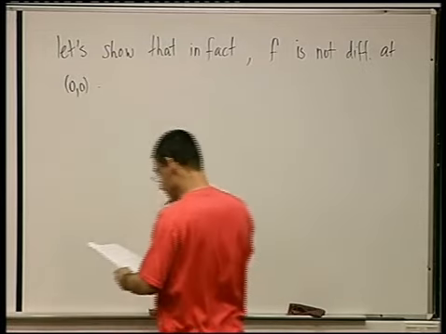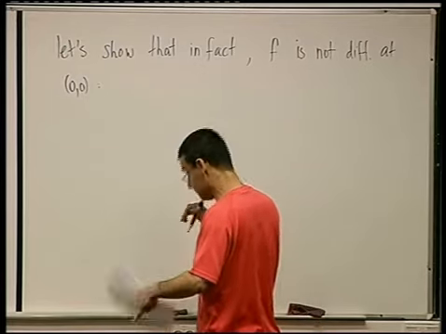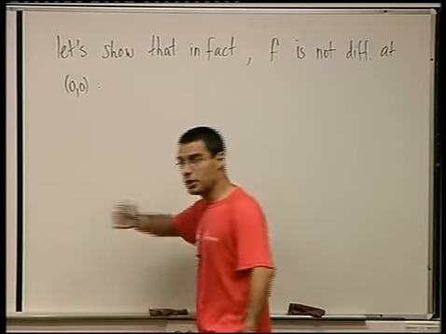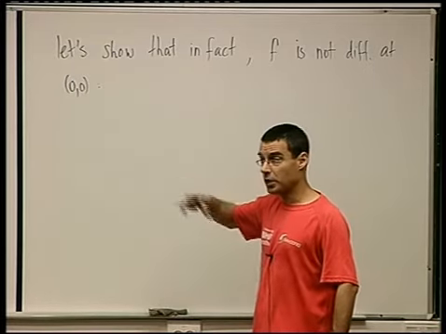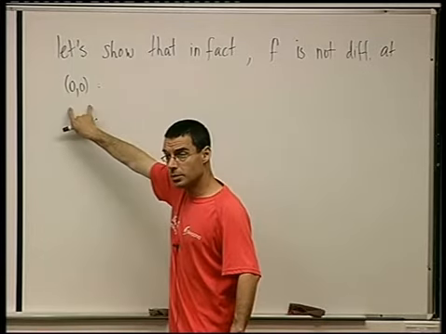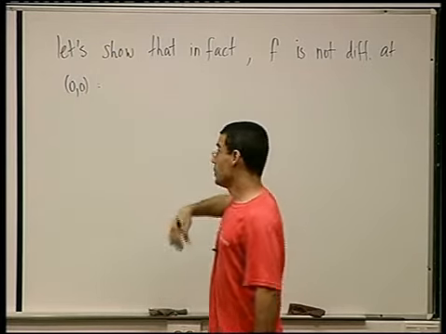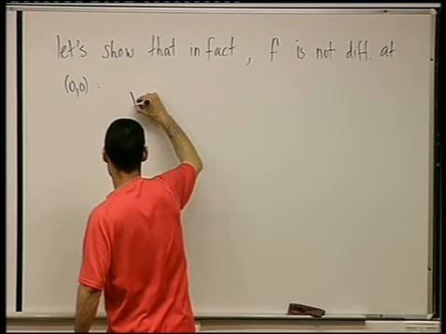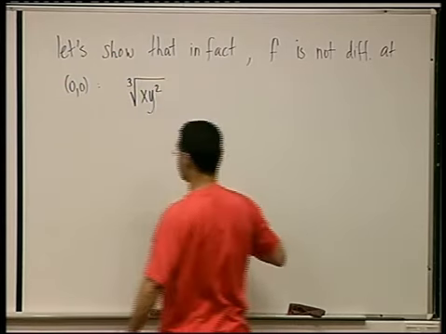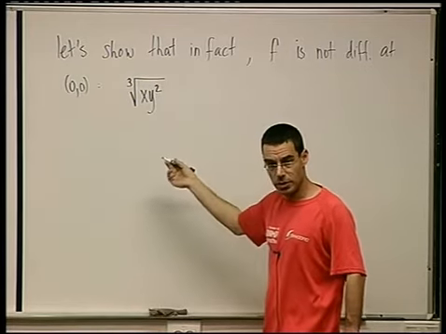So how do we show it? A differentiable function has to satisfy, I'm going to write it right away with a function. I'm not going to write it with general f and x0 and y0. x0 and y0 are now 0. And f is the cubic root of xy squared. Okay, so a differentiable function has to satisfy f at x,y, the cubic root of xy squared, minus f at 0, 0, which is 0.